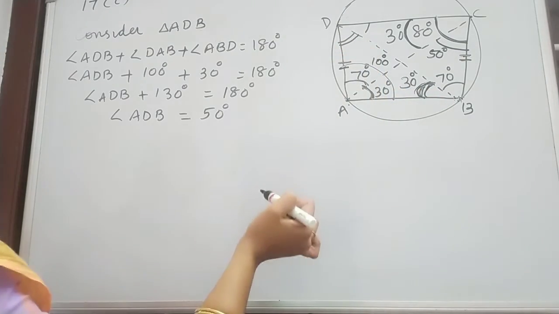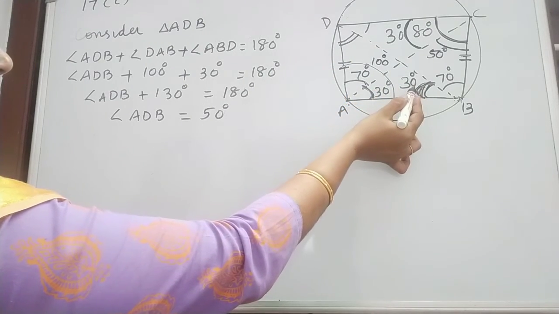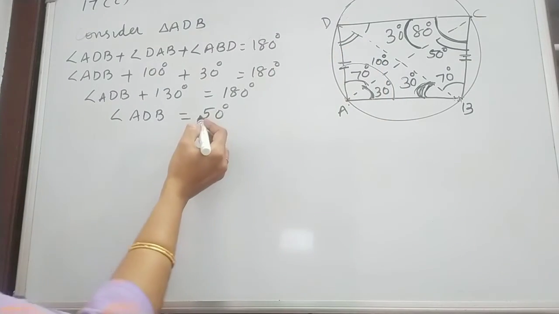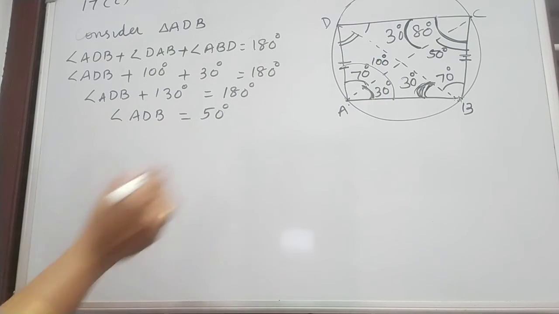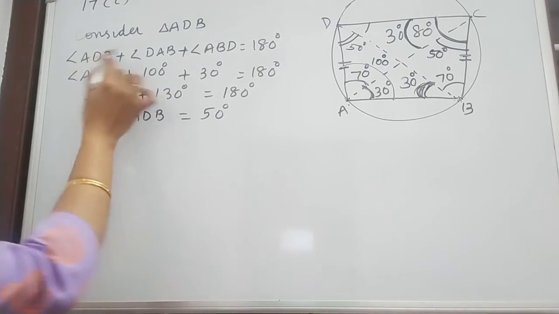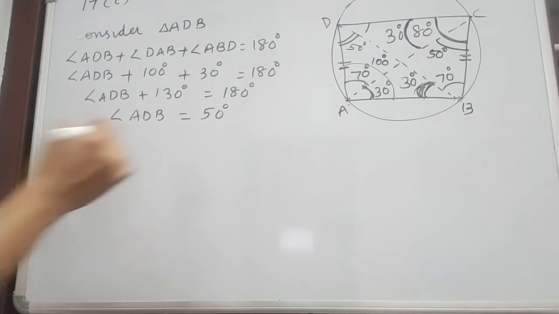So 100 plus 30 is 130, and 180 minus 130 is 50 degree. So you can write ADB plus 100 plus 30 is equal to 180 degree. So ADB plus 130 is equal to 180. So ADB is equal to 50 degree.